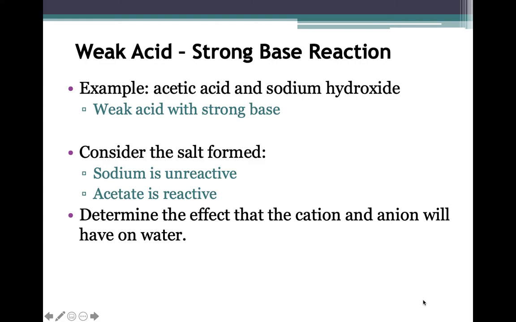Let's say we had something like acetic acid, and I didn't write these out because there were lots of subscripts and superscripts, and sodium hydroxide. Acetic acid is a weak acid, and sodium hydroxide is a strong base. Sodium will be unreactive. Acetate is reactive. I'm going to ask you to write out what that effect would be on the pH of the solution. What would acetate be able to do?